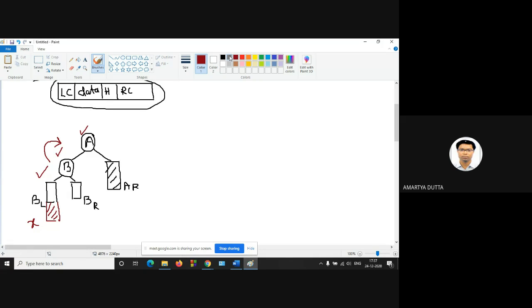So what is the new tree? What is your new tree? So B is the root. I will explain with the example. This is the scenario.